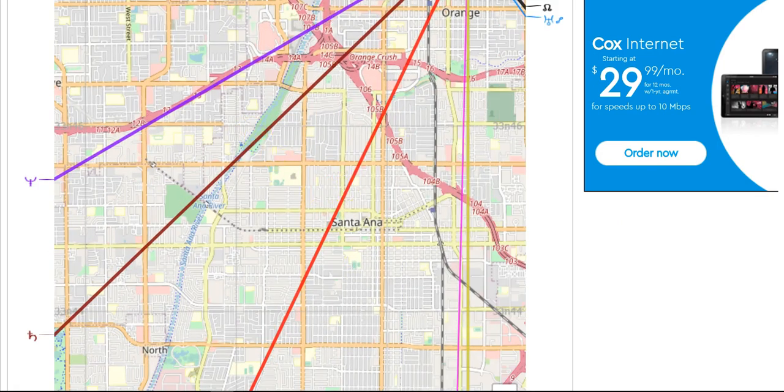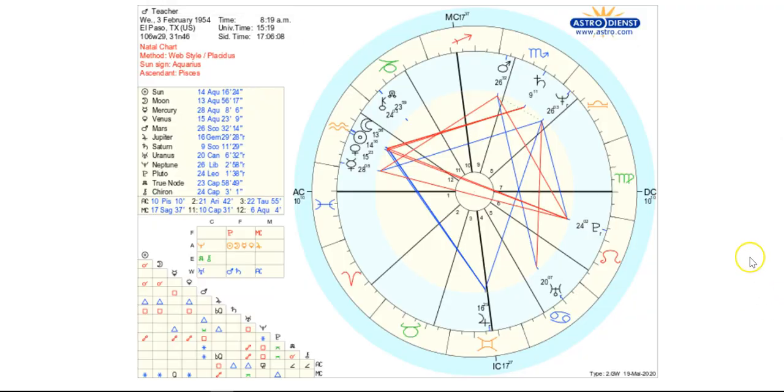Why? So we look at his chart, we see that Mars is in the 9th house, both by sign and by cusp, very close to the 9th cusp. I think this is Placidus here. Yes, it is.